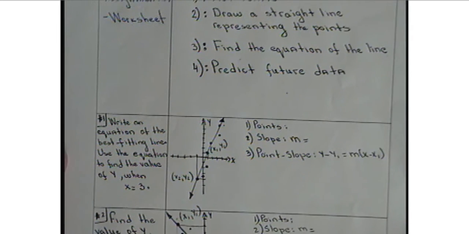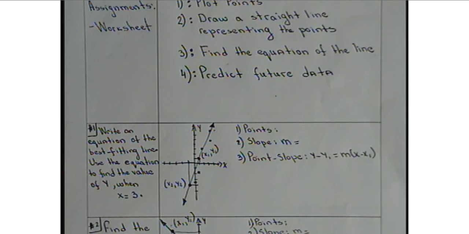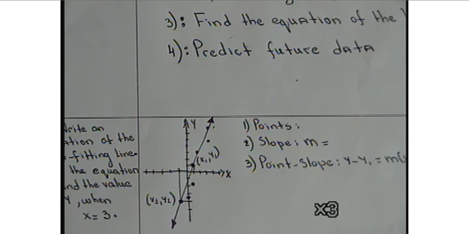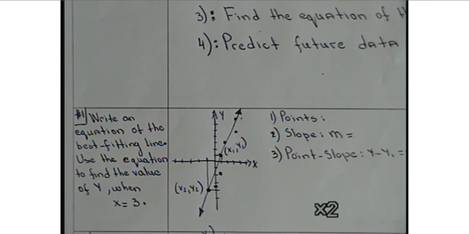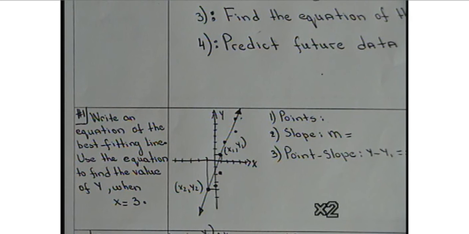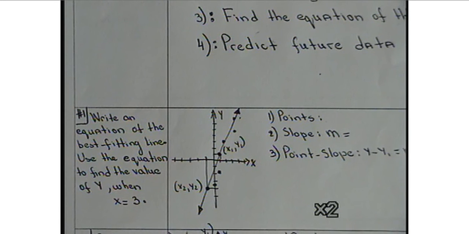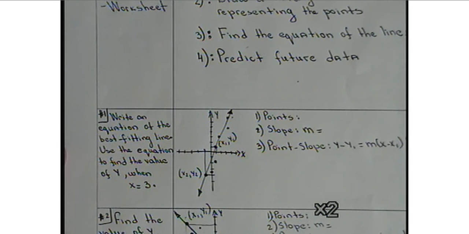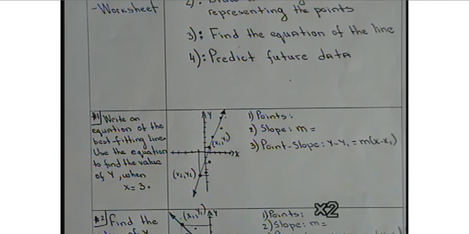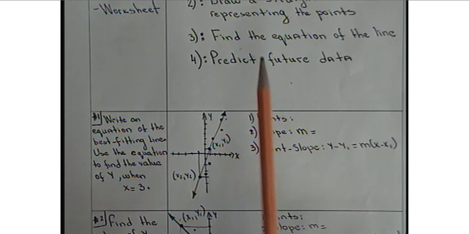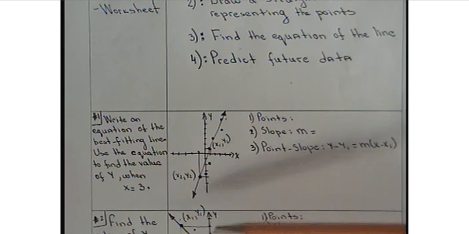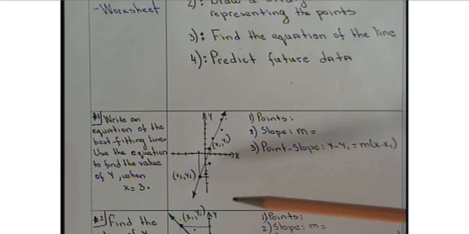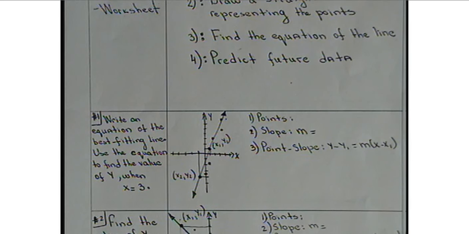The very first one here says write an equation of the best fitting line. Once you write the equation, use that equation to find the value of y when x equals 3. Alright, first thing, based on the steps we said, we need to have 2 points. If you look at my graph, I already have a given graph as an example, and I chose 2 points to work with.